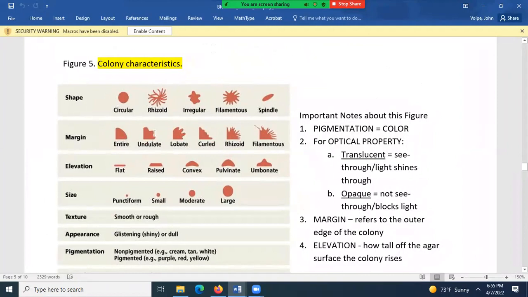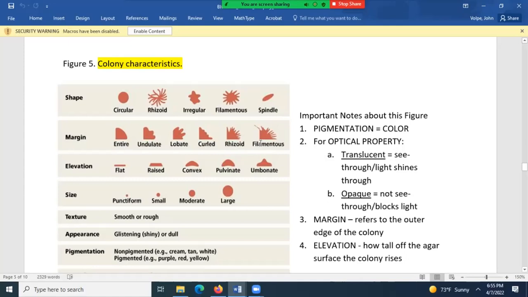Undulate, the margin undulates. Lobate, curled. I'll never quiz you on the difference between undulate, lobate, and curled, because they're too similar. I may ask whether it is rhizoid or filamentous versus an entire margin, but I'll never ask you rhizoid or filamentous, because those two are too similar to each other.